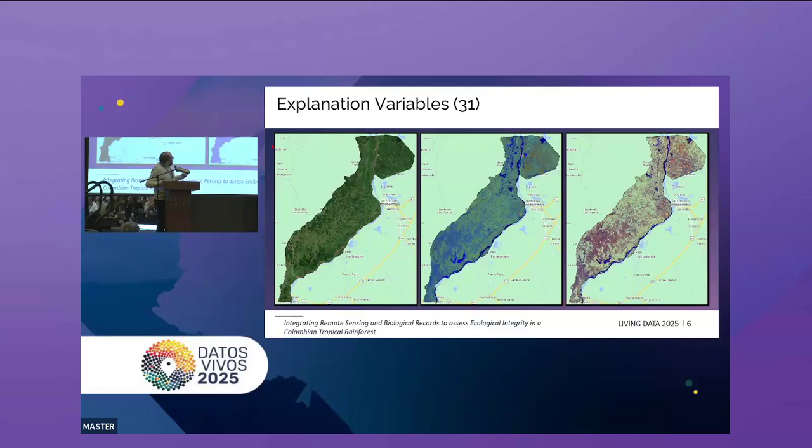Okay, so what we do, we just reunite all the occurrence data, and we combine it with different kinds of collections of remote sensing to try to separate or classify the species in that area.